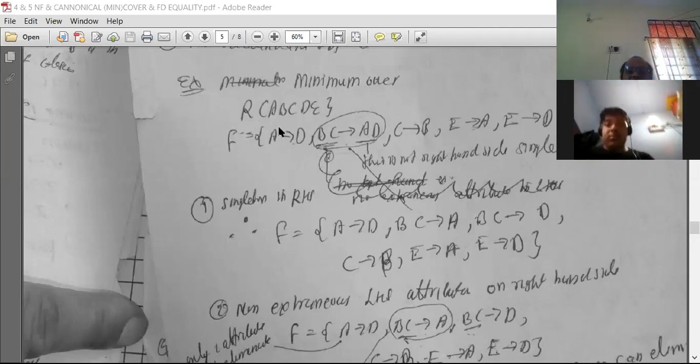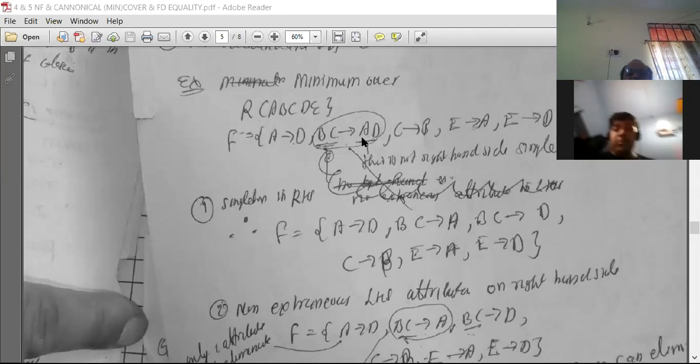I will write the others as they are, and BC tends to AD we convert into BC tends to A and BC tends to D. That means we make two functional dependencies from it. Is it clear to all of you?